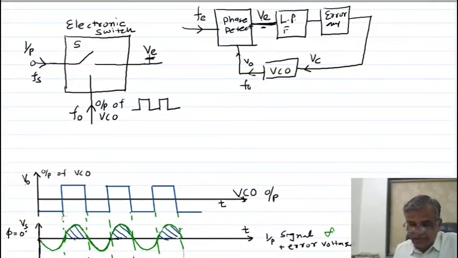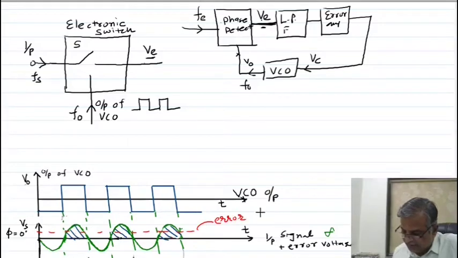The average voltage, called the error voltage, during this half is given this way. This is the output of the phase detector.